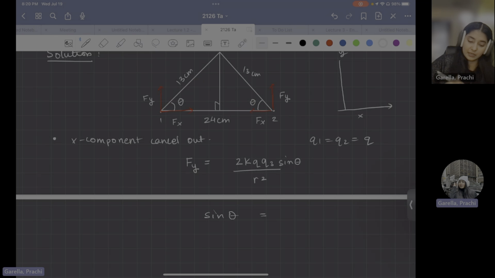We use the Pythagoras theorem, and the perpendicular is equal to 5 centimeters.